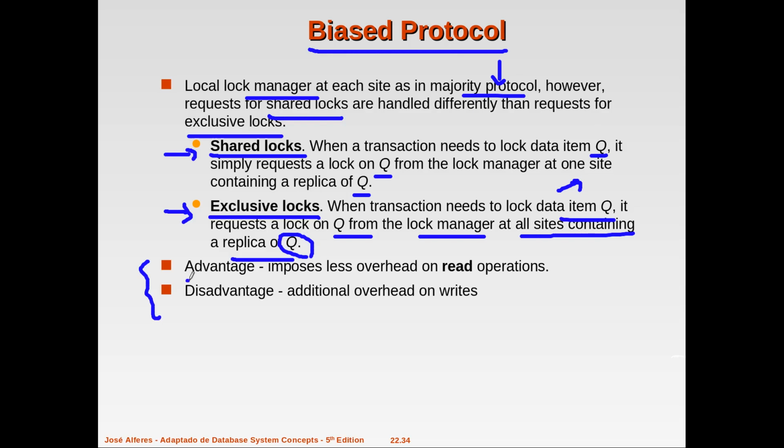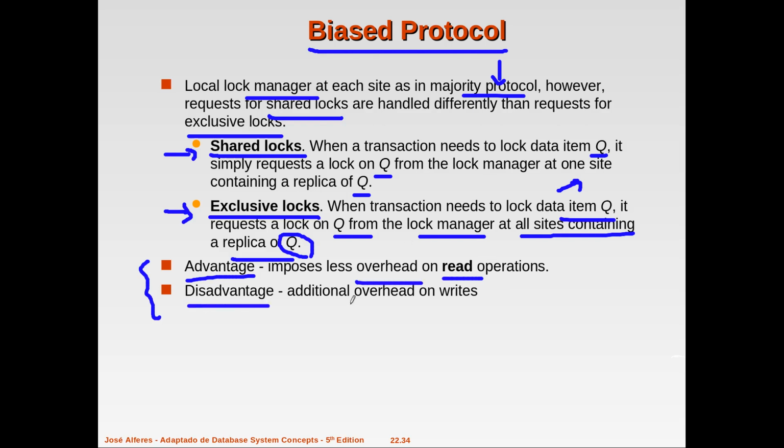The advantage of using this biased protocol is that it imposes less overhead on read operations. If we want a read lock to be granted, it is a simple task because communication is to be made only with one site. Less overhead.